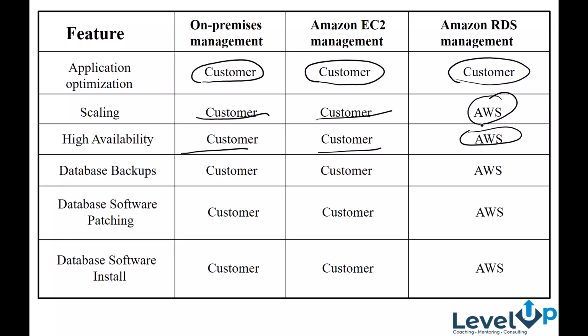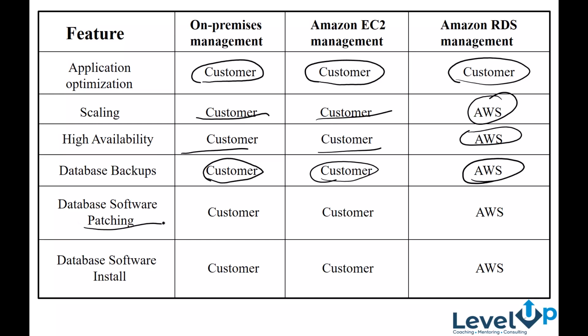If it is on premises or on EC2, we need to employ people. They need to take constant backups and check whether backups are failing or successful, etc. But in the case of RDS, Amazon will take the backup for you. You just need to define a schedule, and the rest is taken care of by RDS.